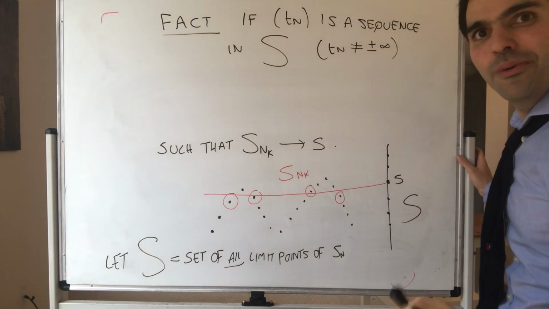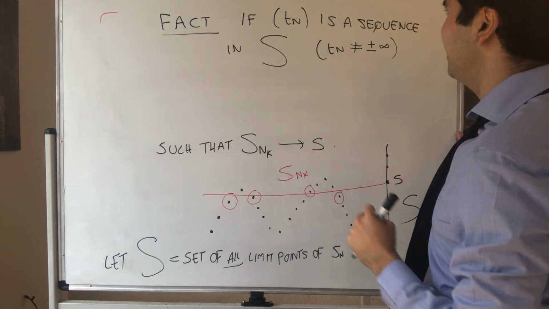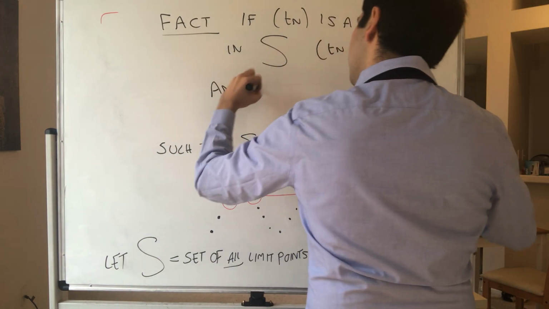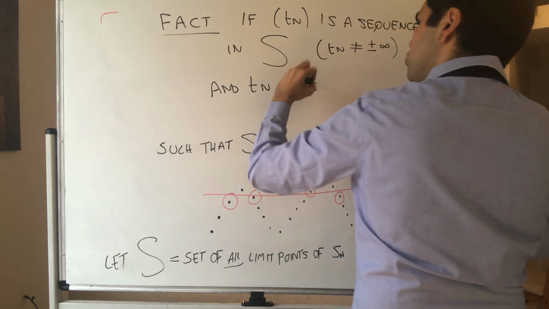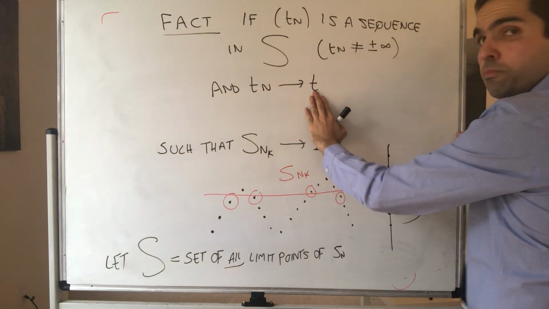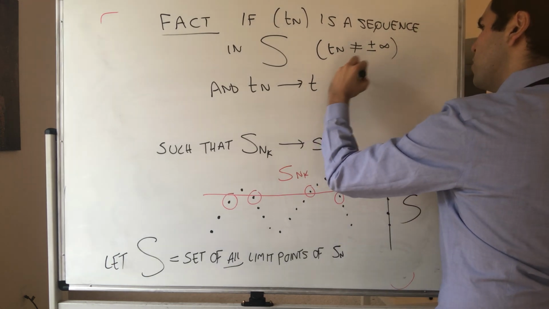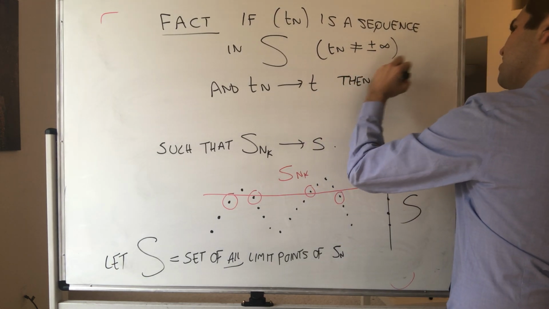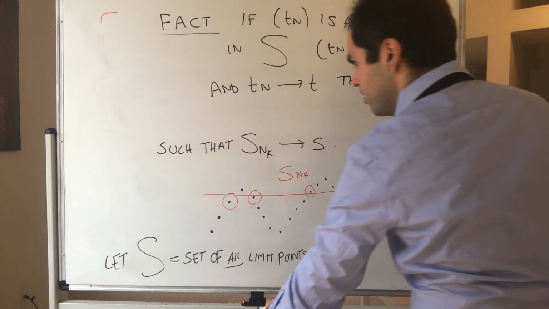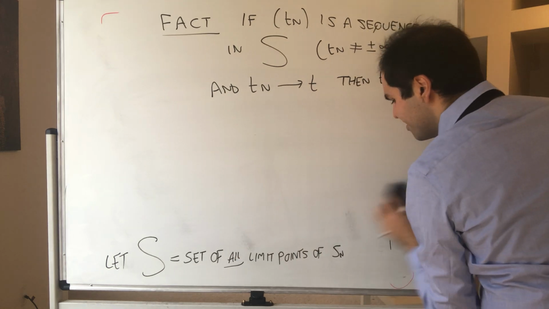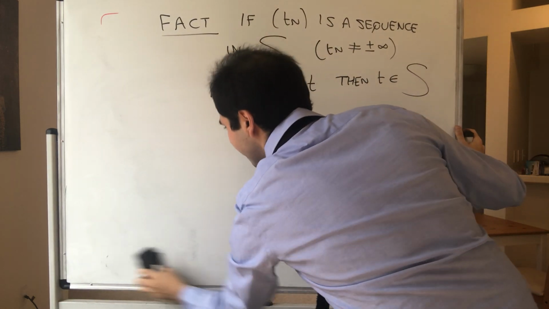We don't really know what convergence of stuff with infinity means. And moreover, Tn converges to some number t, which could be infinity or minus infinity, that's fine. Then what we want to show is that t is in S. In other words, it's closed under limits, if you'd like.